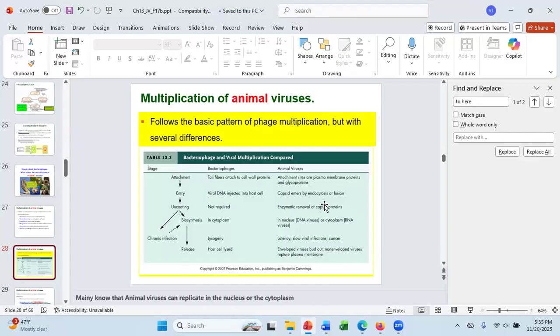The main difference you need to know is that a bacterial virus can only replicate in the cytoplasm of a bacteria cell because that's all there is in a bacteria cell. In an animal cell, you can get the virus replicating in the cytoplasm, but the virus can also replicate in the nucleus. Any question about any of that?